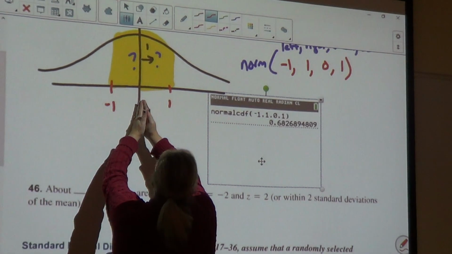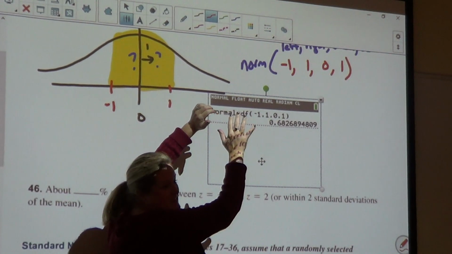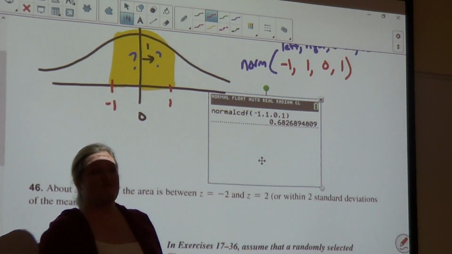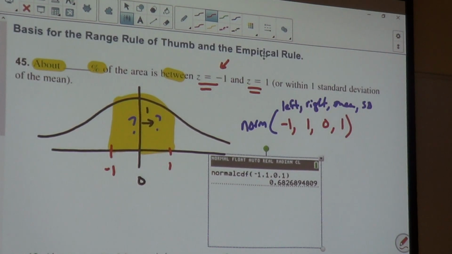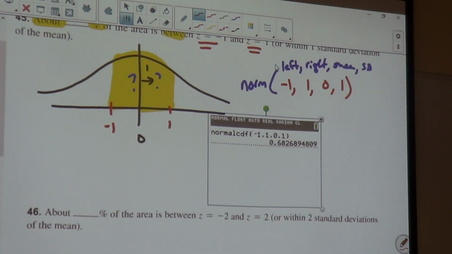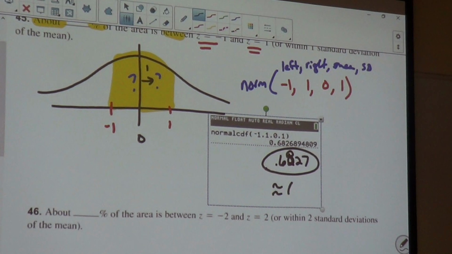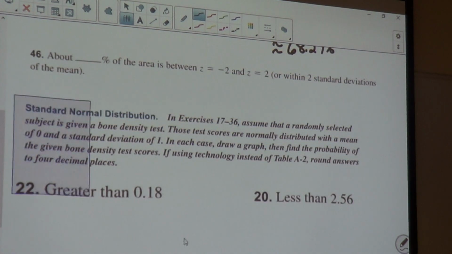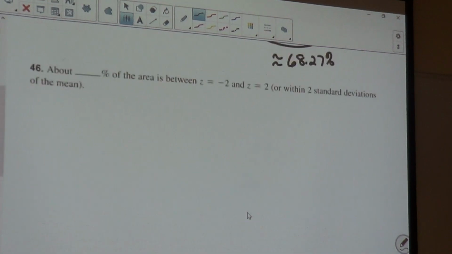When you go one deviation in either direction, it's about 68% under the curve. It's the empirical rule, 68, 95. So this one is going to be 68.27, or wherever they tell me to round. So approximately 68.27%.